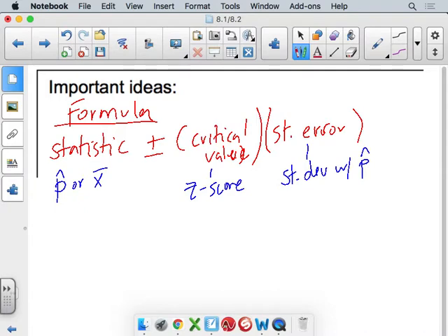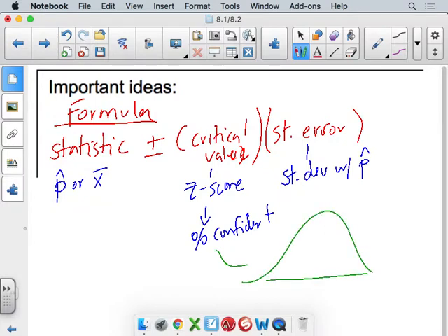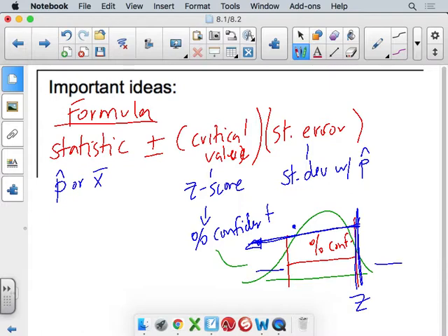And then finding the z-score is, remember, from your confidence. You have whatever your percent confidence is, and then you need to get the z-score, so you need to get your tails one way or another.